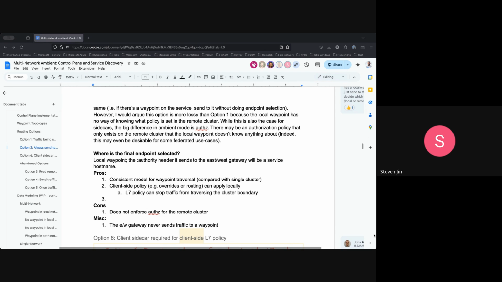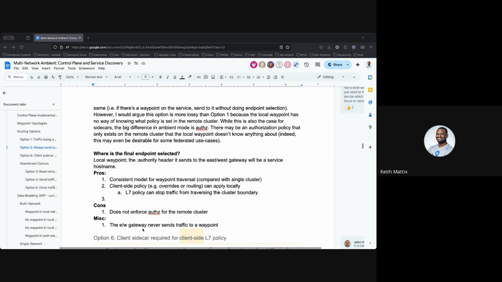And then by kicking it, we get into a loop of east-west gateway, waypoint, east-west gateway, waypoint, east-west gateway, waypoint, where it might just never terminate. So that's why we might need waypoints on either side, or to explicitly say we trust this ztunnel, trust this waypoint, even though it might be in a remote cluster.